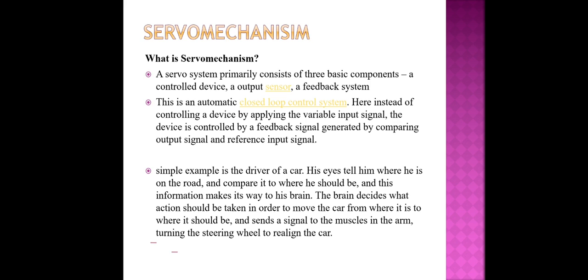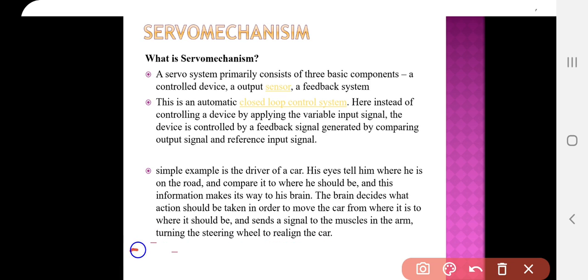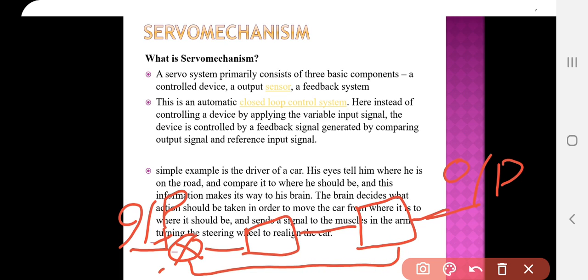If we consider a block diagram, then we draw it this way. There is an input signal and a summing point, then the brain, which is the controller, then the plant, or we can say the processor, then the output signal, and the feedback signal.